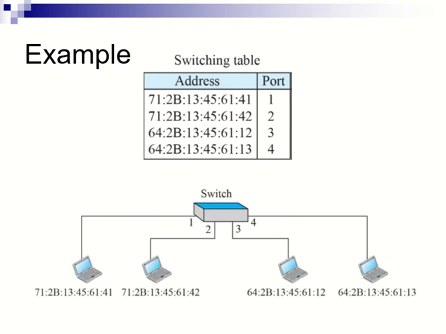As per the switching table, a frame for 71.2b.13.45.61.42 should be sent out through port 2. So each time a frame arrives, the switch will check the switching table and decide through which port the packet has to be forwarded.